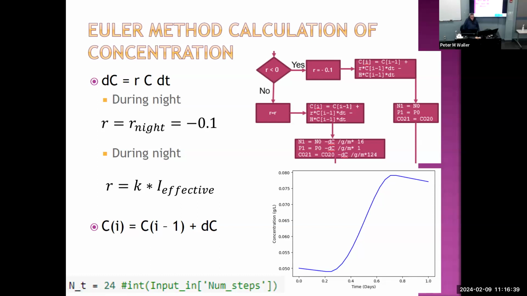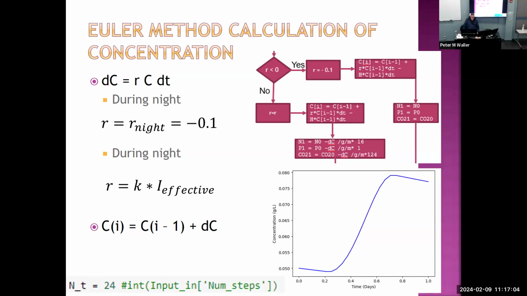So our growth coefficient at night is negative 0.1. And then we're going to calculate our concentration in the same way we did before, where we have our concentration at I-1 plus R times C at I minus 1 times dt. And we're going to ignore the harvest at this point, so you won't include the harvest.